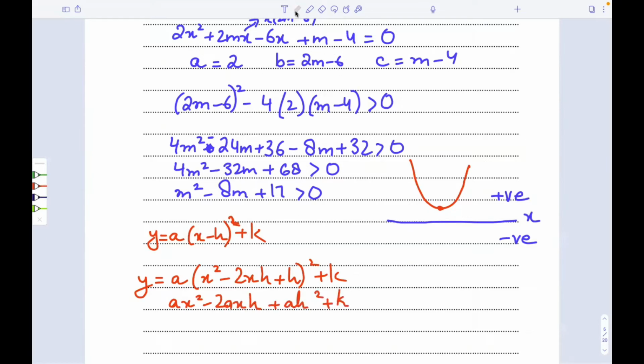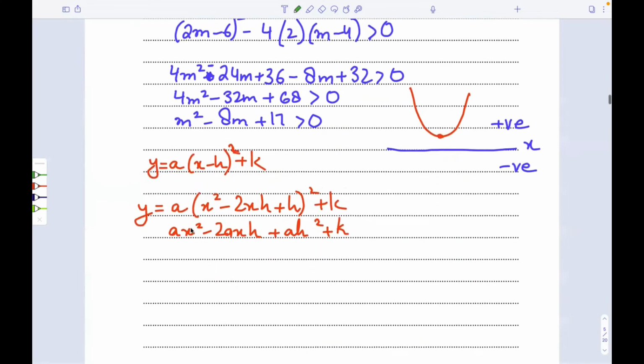Now to avoid any confusion, we can just use the variable m instead of x over here. So to find the values of a, h, and k, we can compare the equations that we have. So this is the completed square form, and this is the equation that we have, which is m squared minus 8m plus 17.